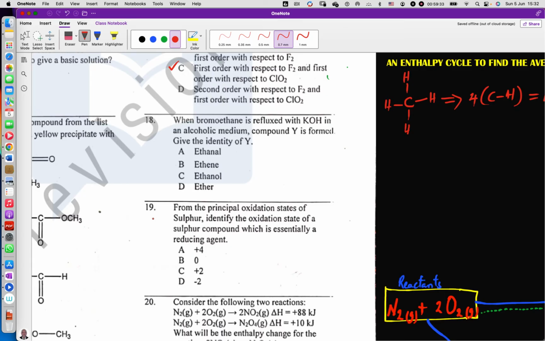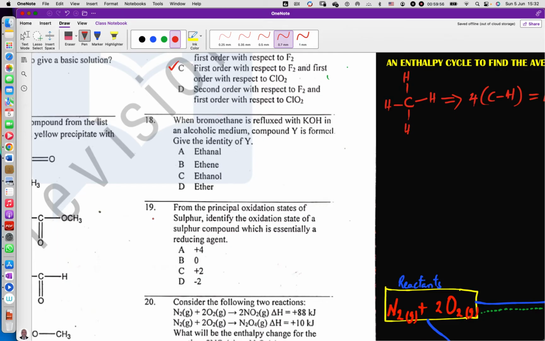we call it ethanolic alcohol. We call it ethanolic sodium hydroxide or ethanolic potassium hydroxide. You can still call it potassium hydroxide in alcoholic medium.